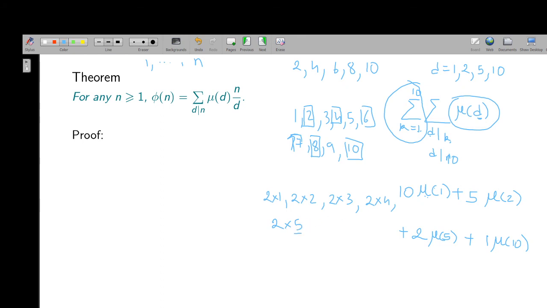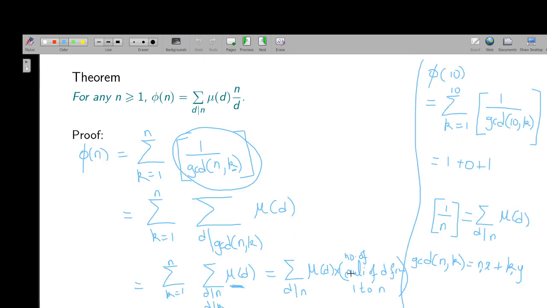So what is the maximum number that appears here? You're running from 1 to something. What is that maximum number? It will be n by d. It's quite obvious. So the number of multiples of d from 1 to n is n by d.